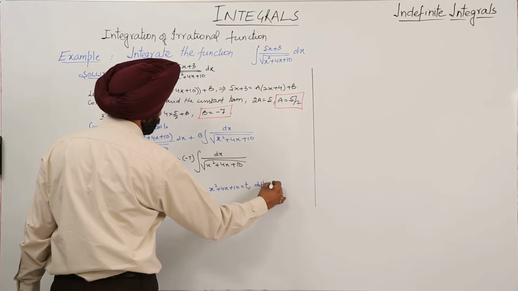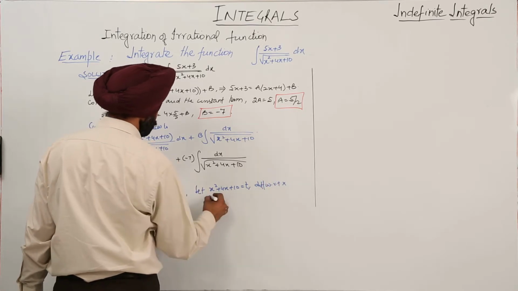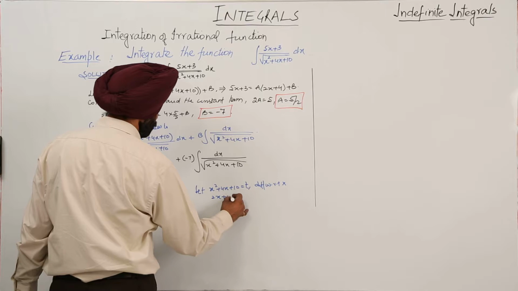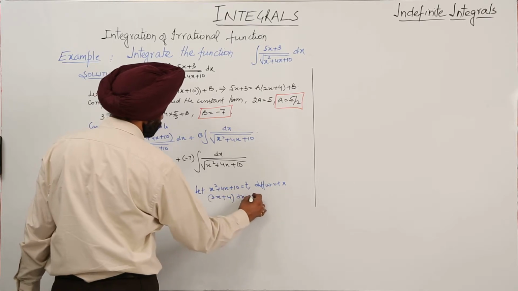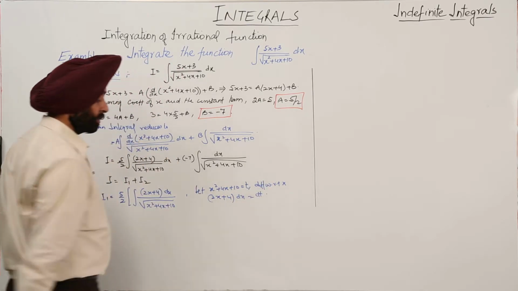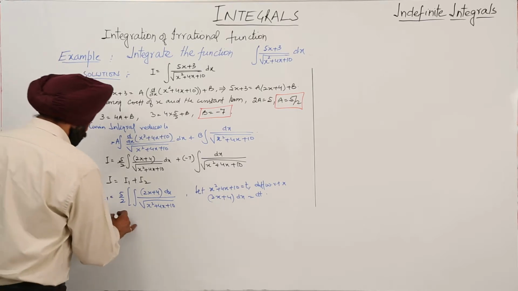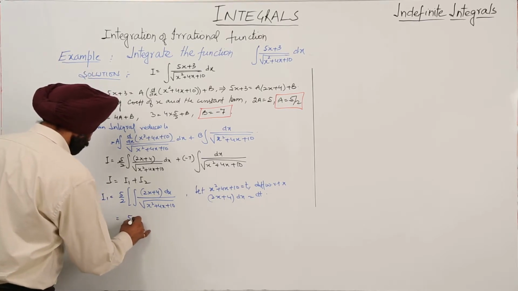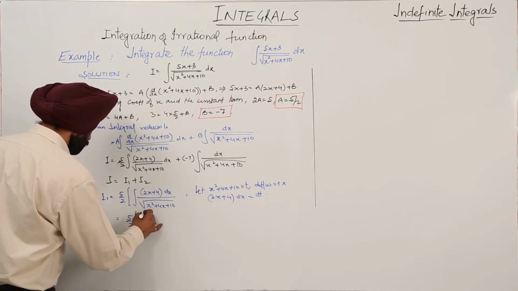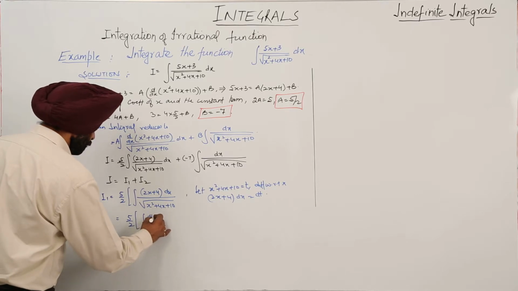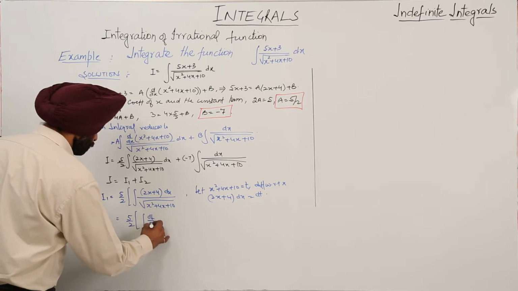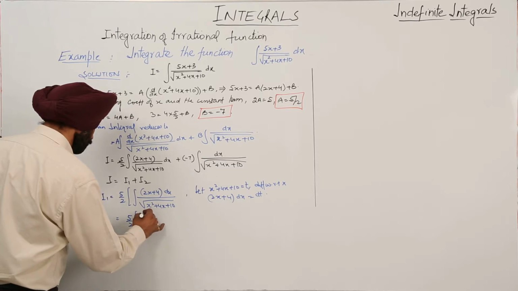Now differentiating with respect to x, we are getting (2x + 4) dx is equal to dt. Now this becomes 5 upon 2 integration of dt upon root t.